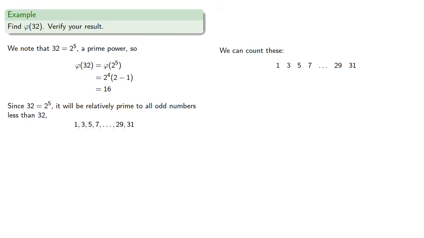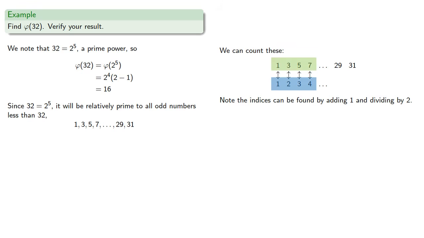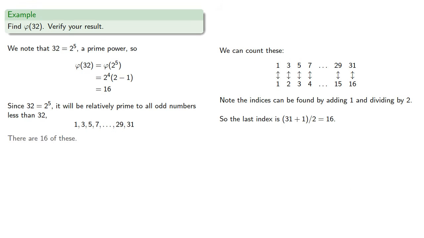The idea is we'll take our numbers and we'll count them 1, 2, 3, 4, and so on. And we might note that the indices can be found by adding 1 and then dividing by 2. So 1 plus 1 is 2, divided by 2 is 1. And so the last index is 16, and so there's 16 numbers that are relatively prime to 32.